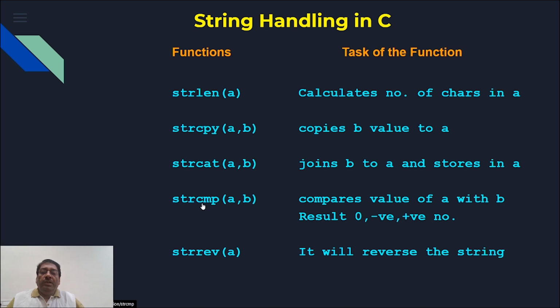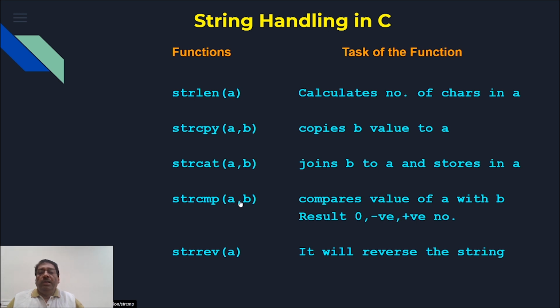Like we have the strings in the dictionary, the same way it will compare the strings given over here. So you can say strcmp a comma b. It will compare the value of a with the value of b, and the result of this can be either 0, a negative number, or a positive number.